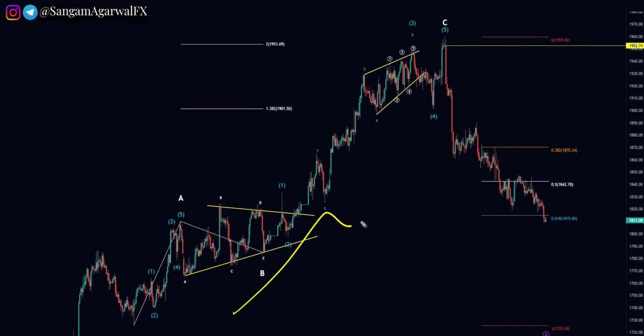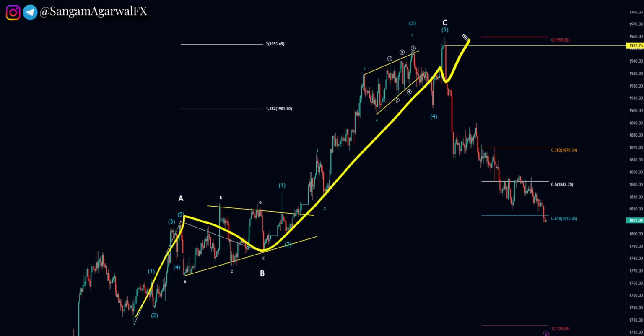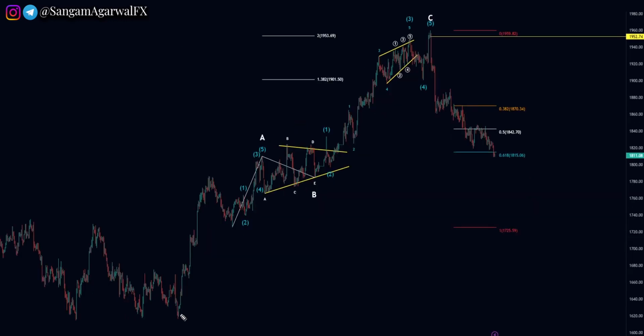So the book has examples of extended Elliott wave, but this is a mix here. Corrective wave and impulsive wave are both mixed. And if you focus again from top to bottom, then you will see that there were multiple stages of wave extension.